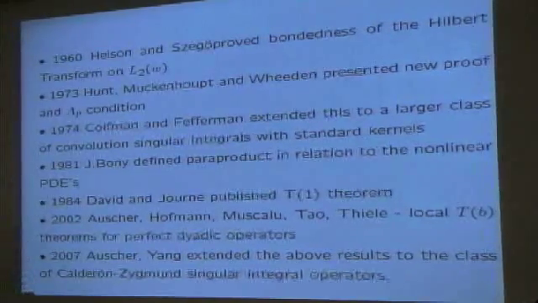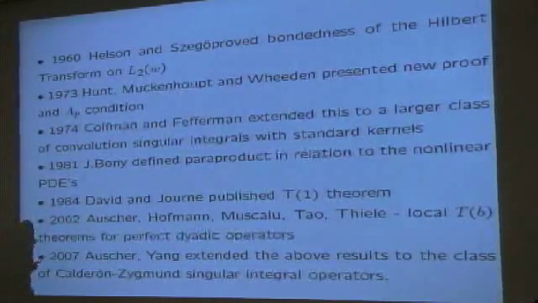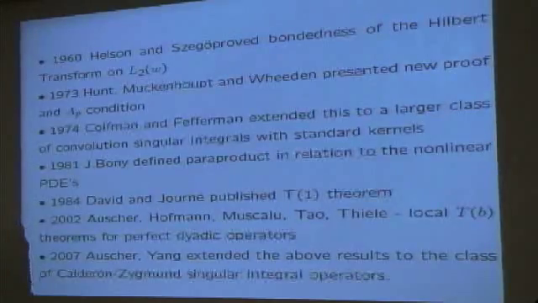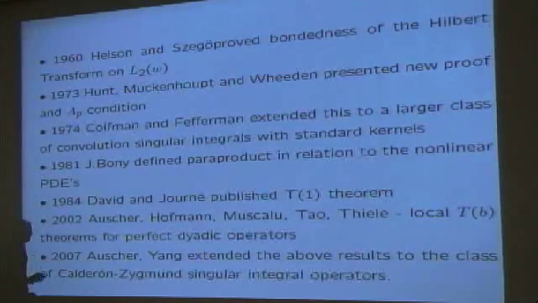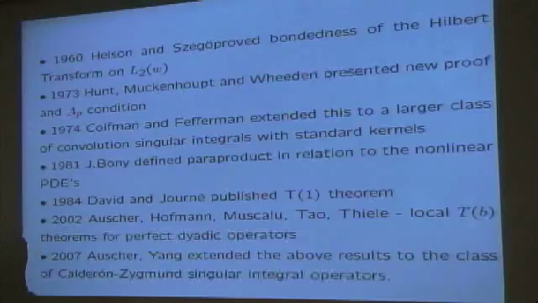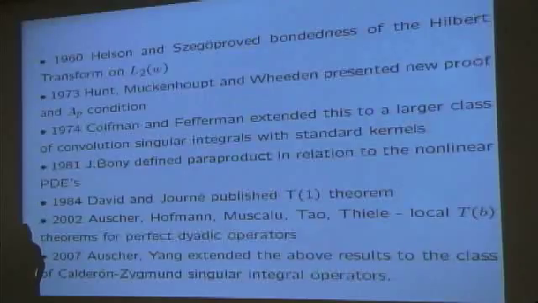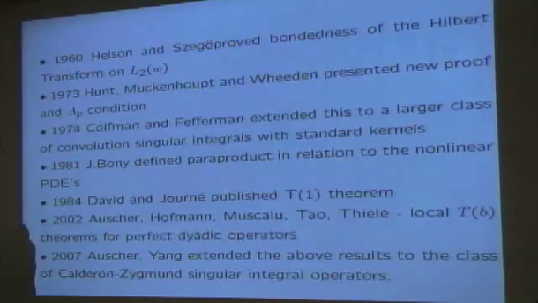And later in 2008, O'Shea and Yang, and I believe it's a PhD thesis of Yang, were able to extend their results to the whole family of Calderón-Zygmund operators. So possibly, think of this work as being a work in progress. The aim is a bound not just on perfect dyadic, but on Calderón-Zygmund singular integrals. And maybe it's possible this way.